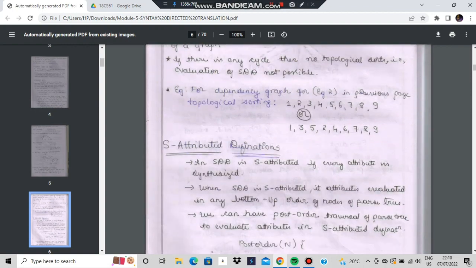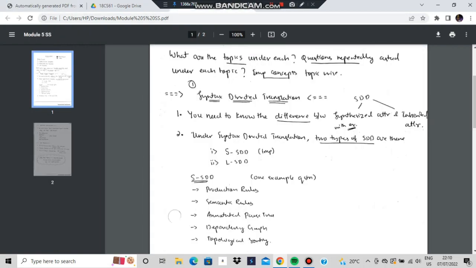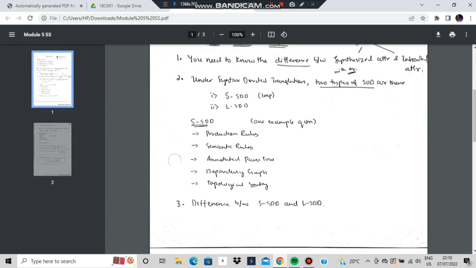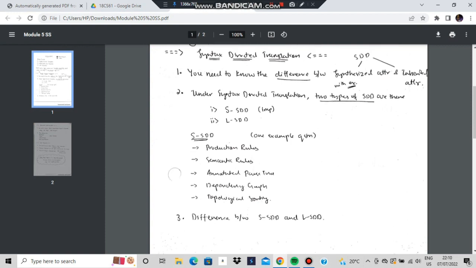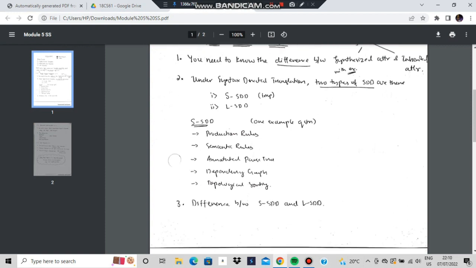If you know the difference between synthesized and inherited, the difference between S-SDD and L-SDD, and you can solve this question, then you are good to go with the first chapter. You are ready to answer any question from the first chapter, because most questions come from these topics only.